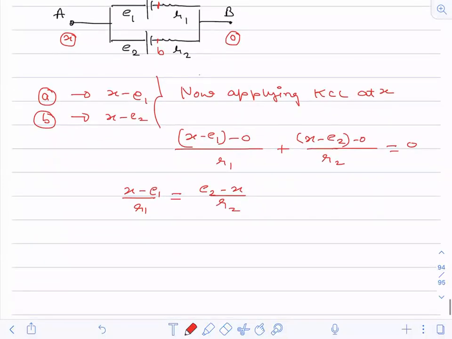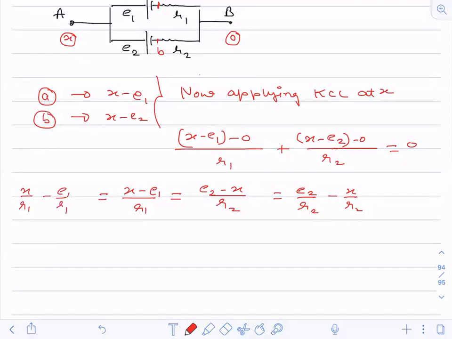If I take X by R2 on the left hand side, I can write it as minus X by R2, and here I can write X by R1 minus E1 by R1.